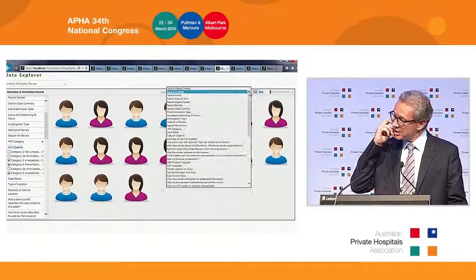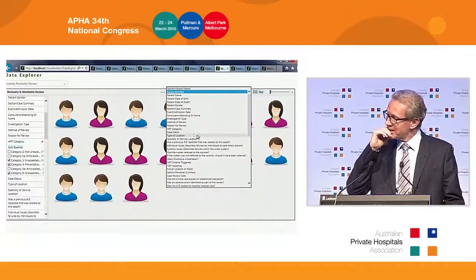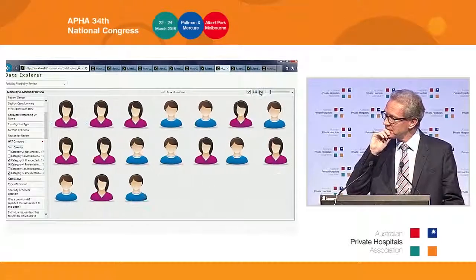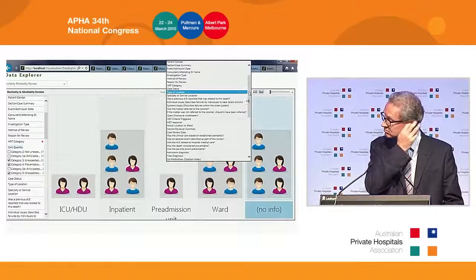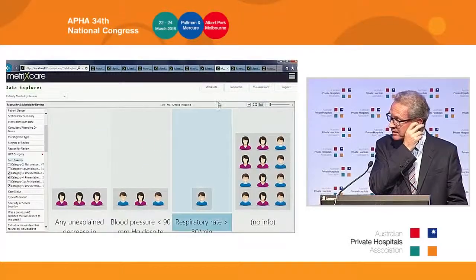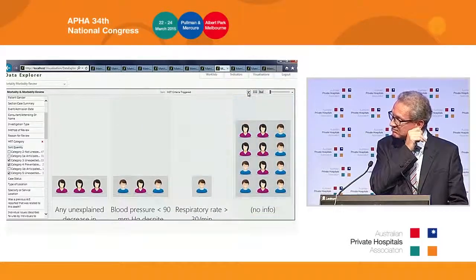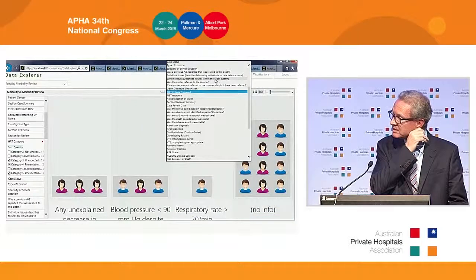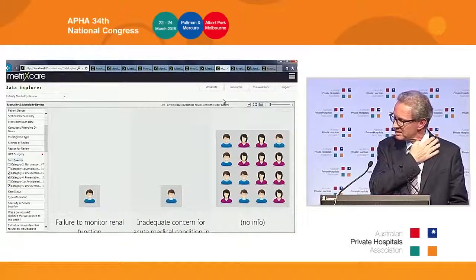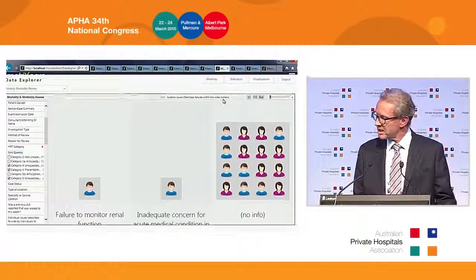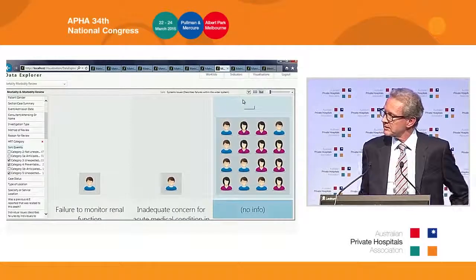You can then slice those by location, so you can see where it's happening. You can slice it by Met criteria: were the Met criteria triggered and for what purpose? Not a lot there. Most people didn't have a Met. Systems issues, what are you seeing in the data there? Failure to monitor renal functions there, otherwise not a lot.